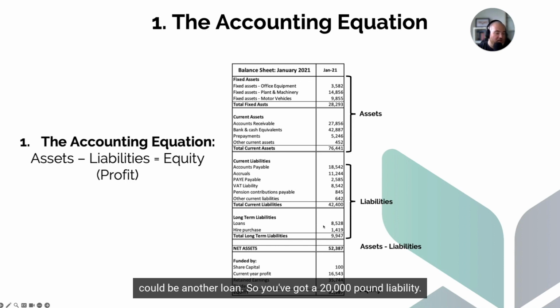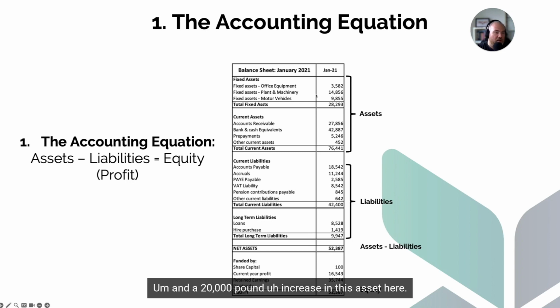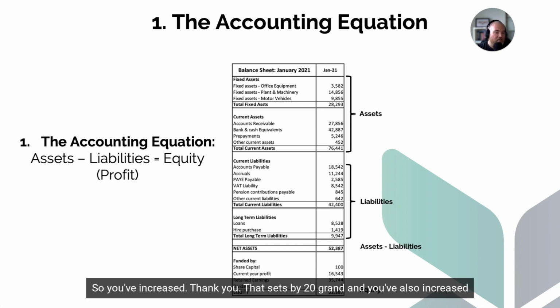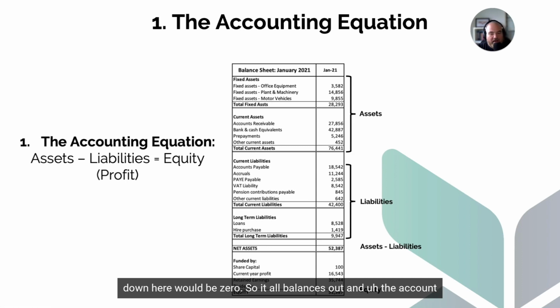So you've got a £20,000 liability and a £20,000 increase in this asset here. You've increased assets by 20 grand, and also increased liabilities by 20 grand. Assets minus liabilities, so the net effect on this again would be zero, and the net effect down here would be zero. So it all balances out, the accounting equation balances, the balance sheet balances, and everybody's happy.